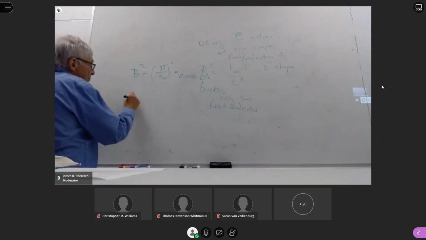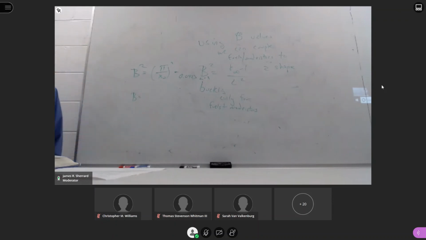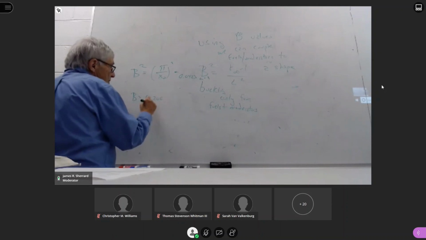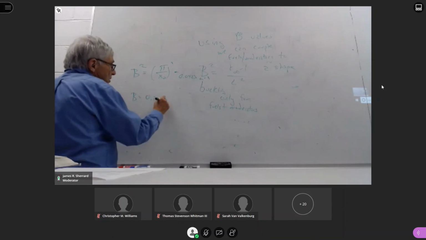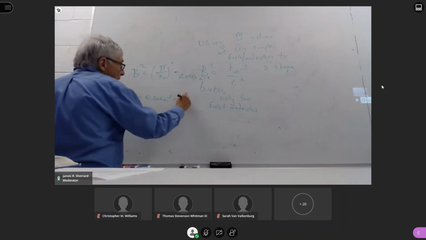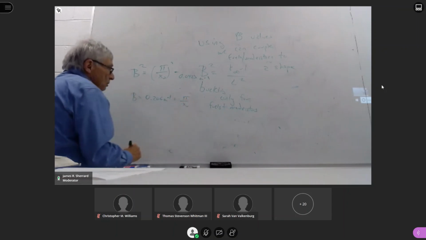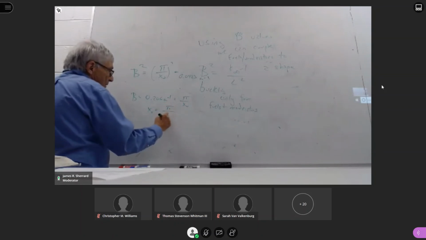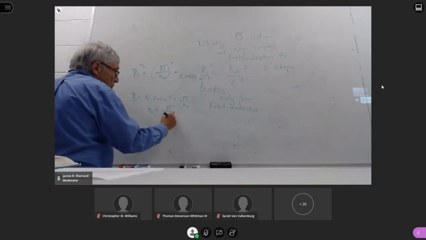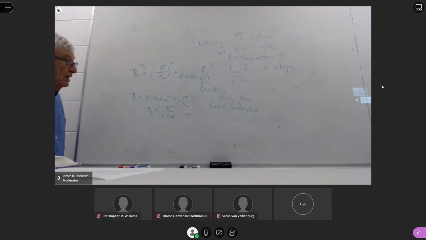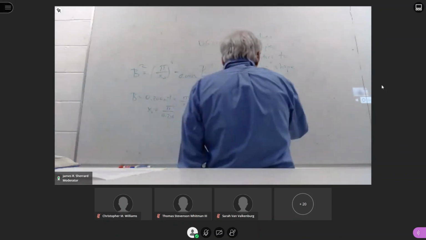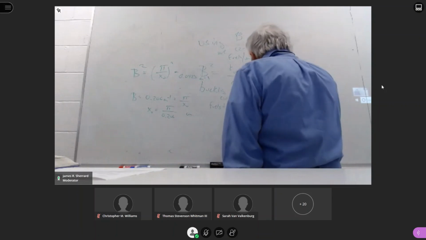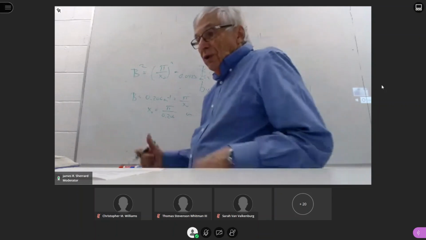If we take the square root of that, buckling is equal to 0.206 centimeters to the minus 1, which is equal to pi over x sub 0. So x sub 0 is equal to pi divided by 0.206. The answer is going to come out in centimeters. That is the dimension where the flux goes to 0, that total width.